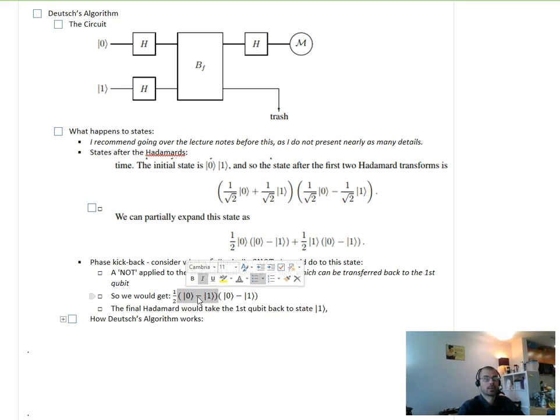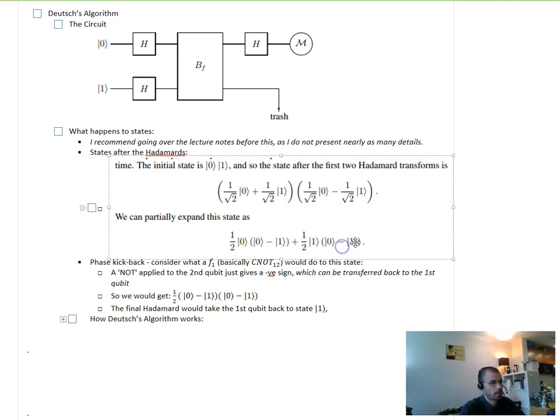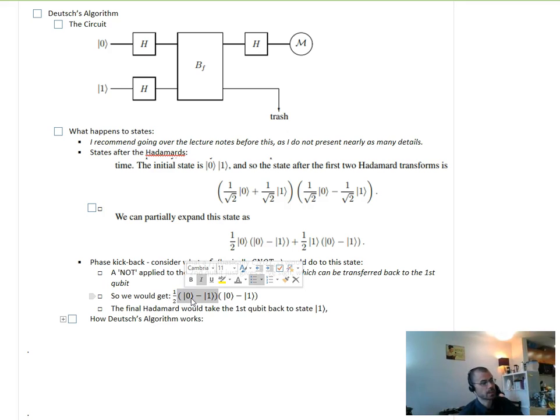It goes back to state 1, right? Okay. So when we do a C0, which is like F1, it just flips these two, which is a negative sign, which flips this to a 1. And so that's basically the trick.